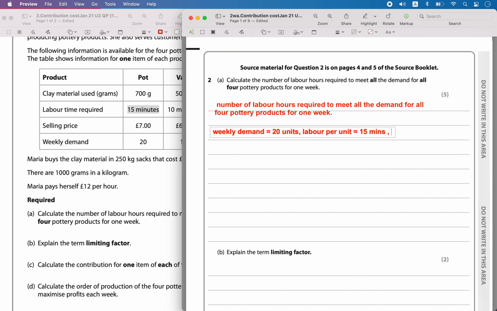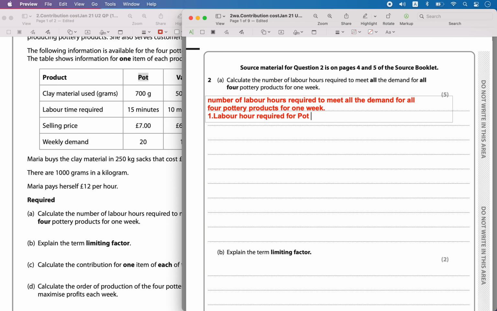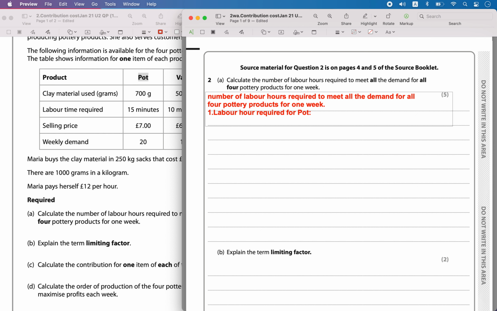So to meet that weekly demand, we have to calculate the labor hours worked required for the pot.